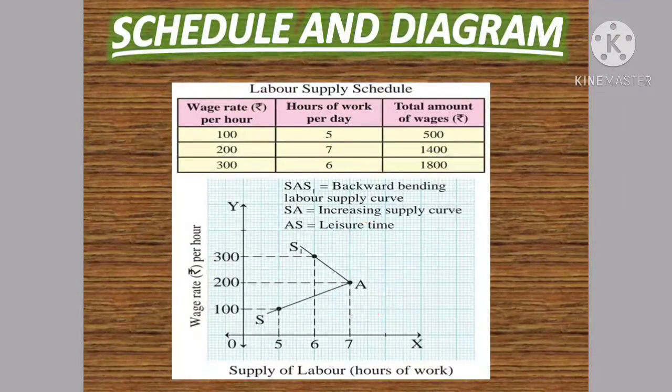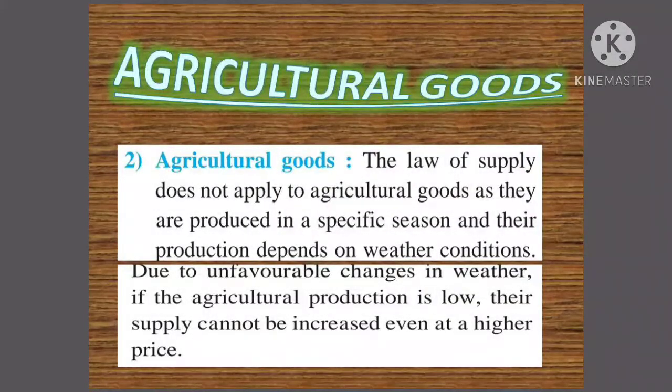Second point of exception is agricultural goods. The law of supply does not apply to agricultural goods as they are produced in a specific season and their production depends on weather conditions.